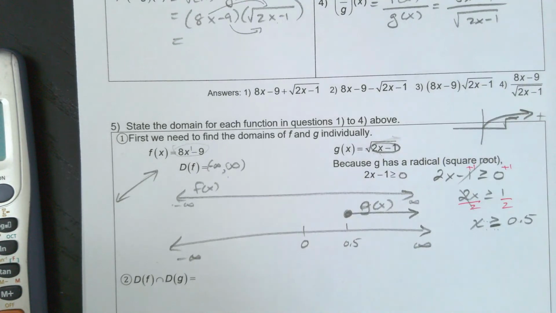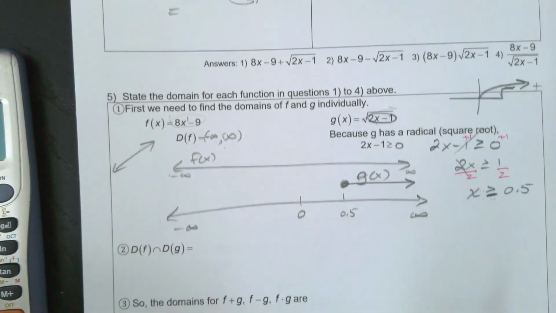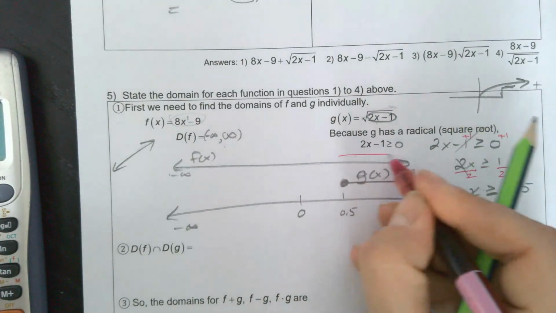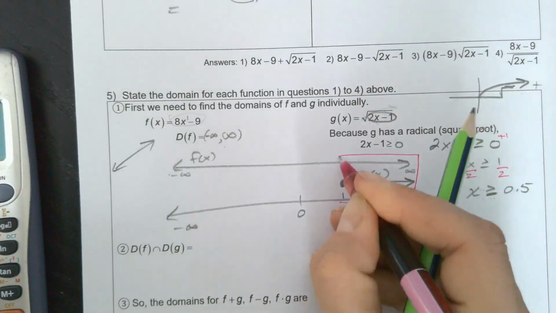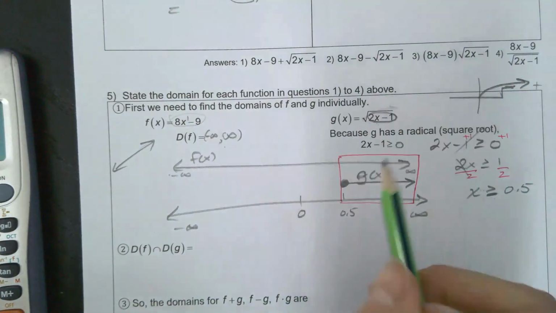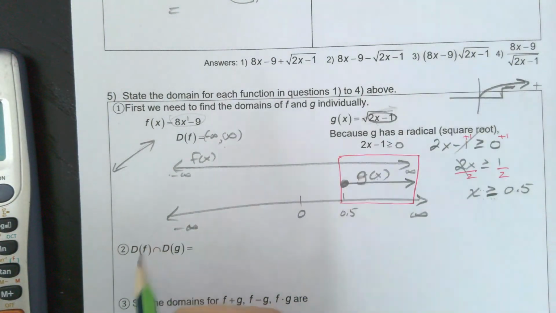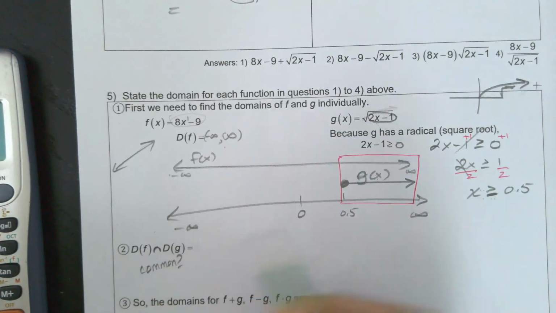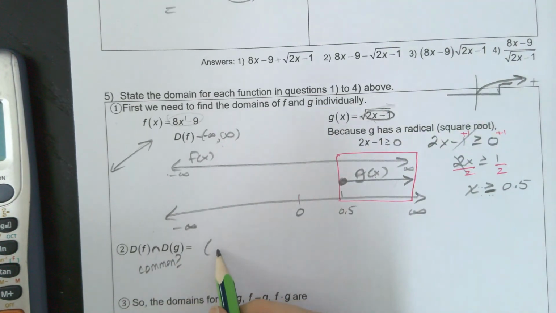And so we have to say, what do they have in common? Well, the only part that they have in common is this part here. This is the part they have in common. That's the intersection of both of these. So intersection, this little thing here, says what do they have in common? They have this part. That's the common part.